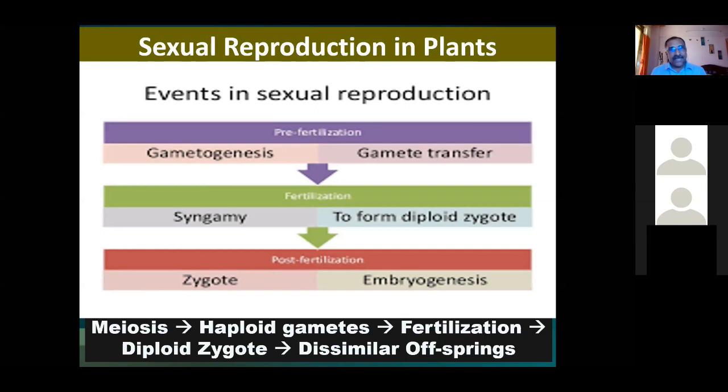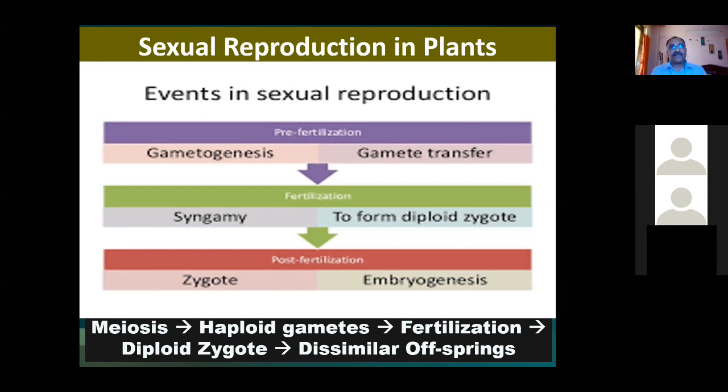Once these gametes are fused, it develops into a diploid zygote. And this zygote undergoes further changes to develop into the new individual, and that is called embryogenesis.